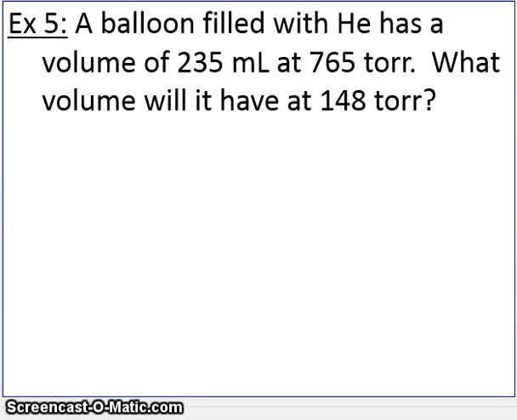In this case, we have a balloon filled with helium that has a volume of 235 milliliters at 765 torr. What volume will it have at 148 torr? Here we have two variables that we're working with. Milliliters is volume, and torr is pressure. Let's set up our data as V1, V2, and P1, P2.